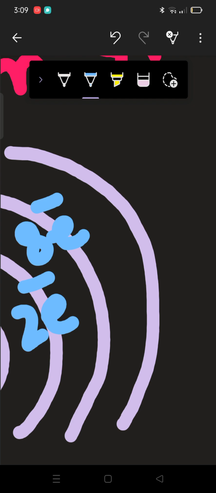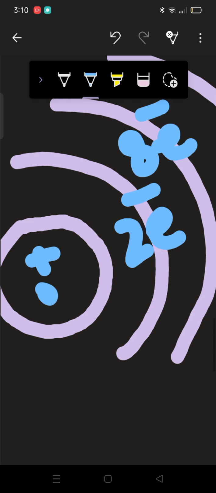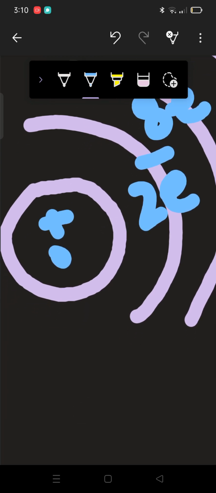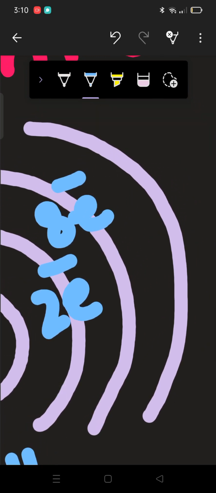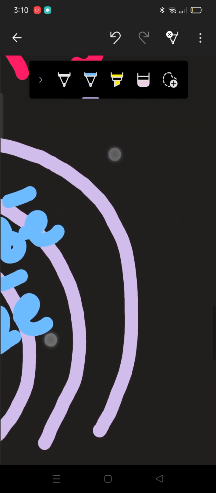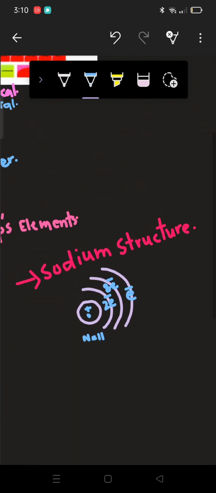But if you don't have 8 electrons, like here, the sodium's atomic number is 11. So 2 is in the first shell, 8 is in the second shell, 2 and 8 is 10, and only 1 electron is left. So 1 electron will be in the valence shell.